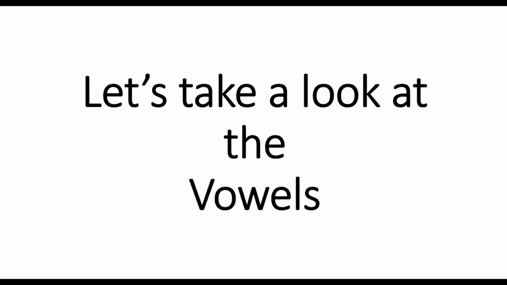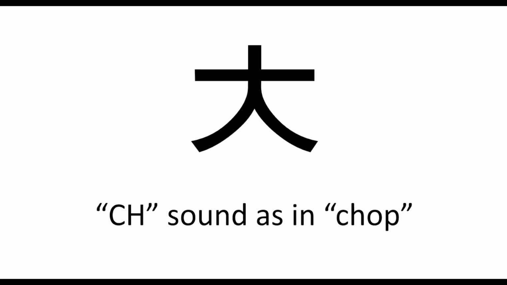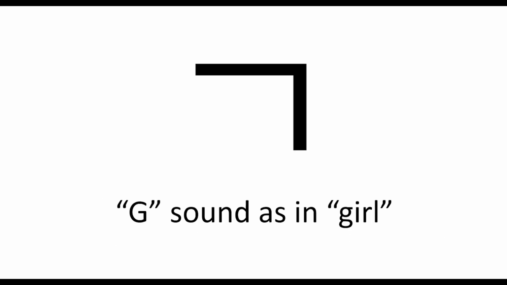Now, we've covered all the consonants. And again, let's go back through them again, just so we have a better understanding before we go on to the vowels, and then we'll do the combination.